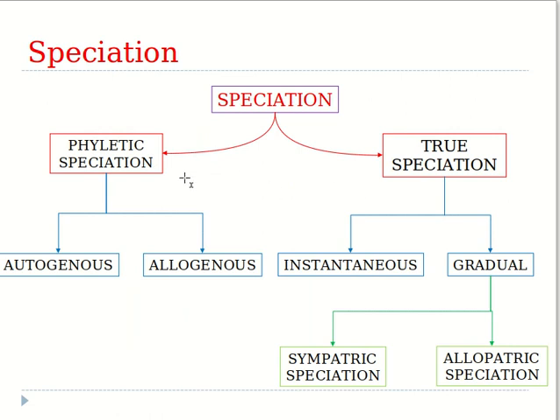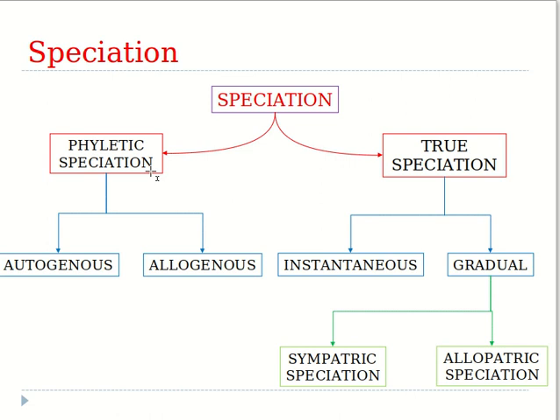Okay, in phyletic speciation you can see that it is a transformation in time of one species to another. So there is transformation of one species to another, and hence only one species exists at a time. So if there is a species A, it gives rise to B, and from B, C arises.